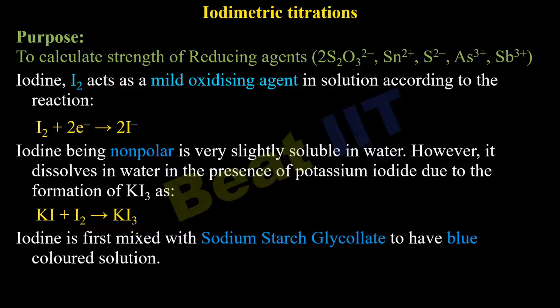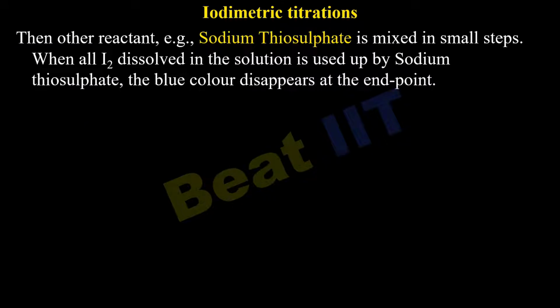Iodine is first mixed with sodium starch glycolate to have a blue colored solution. This iodine which we have in the form of KI3 in the water solution, we have to mix sodium starch glycolate first so that we can have blue color. This blue color will disappear later on and we will say that the endpoint has been reached. Then the other reactant, for example sodium thiosulfate, is mixed in small steps.